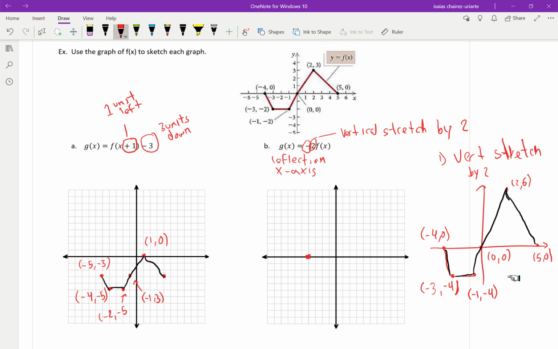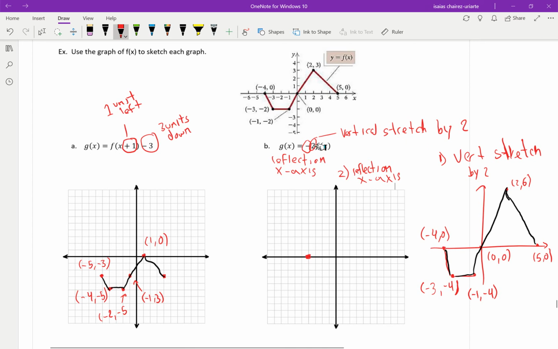So here I am in this little sketch. This was 1. Here we're taking care of the vertical stretch. Now, 2, I'm going to do the reflection on the x-axis. Think about it, I am following an order right now.